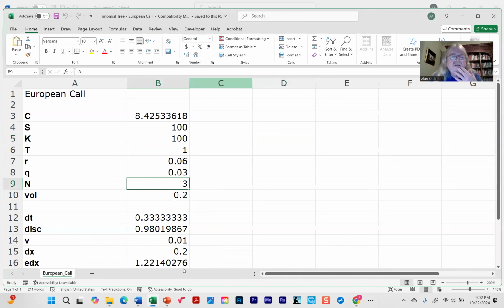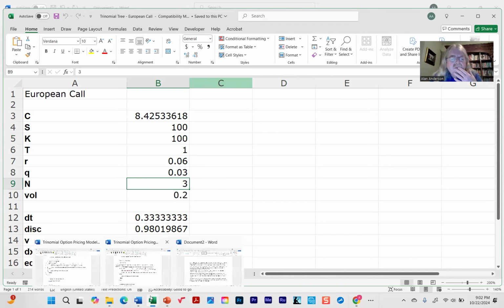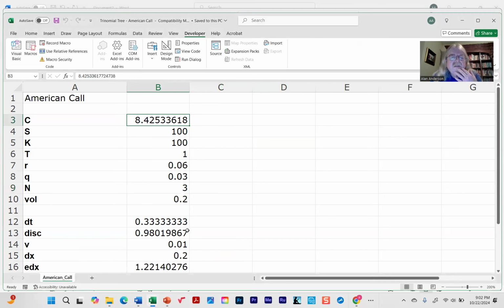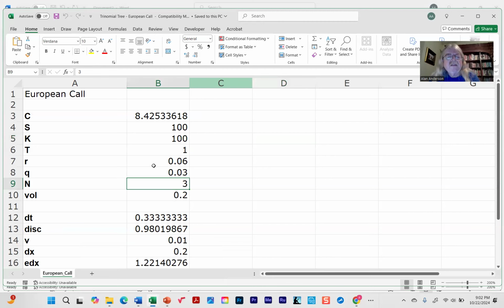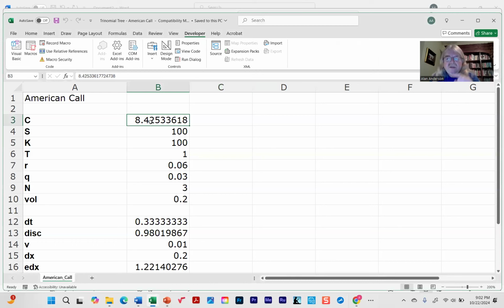So I've opened up both the American and European code so we can look at them side by side. You notice that in spite of the fact that this one does have a cash flow, the two have the same price. Now, that's because there's only 3 time steps, right?